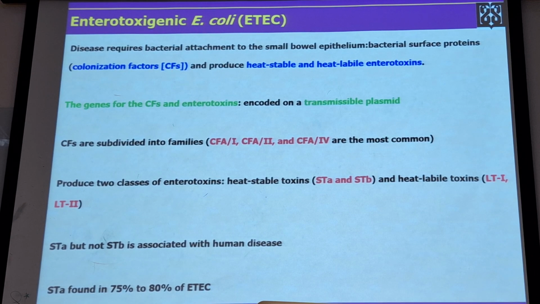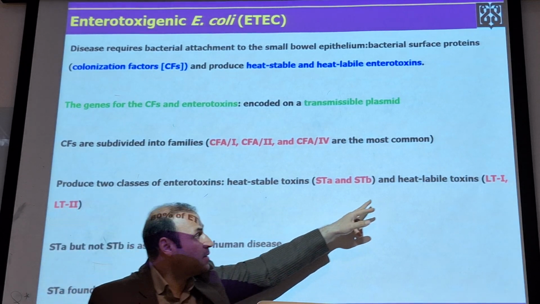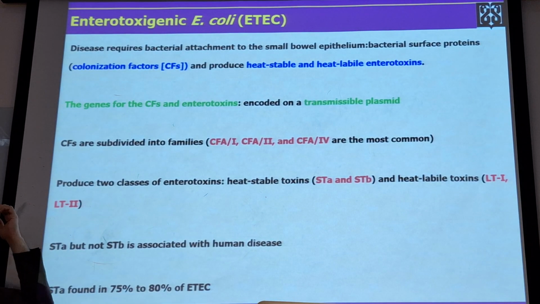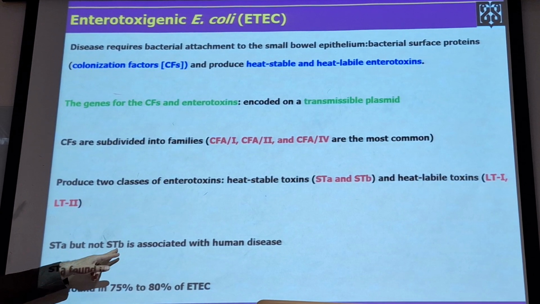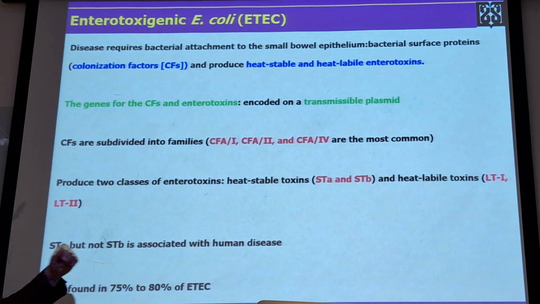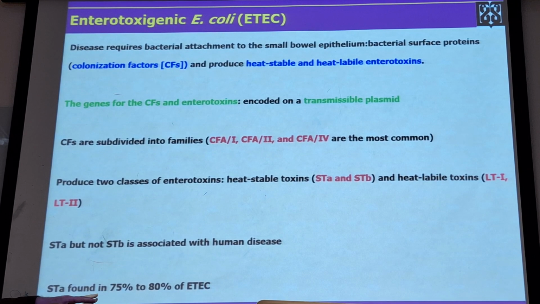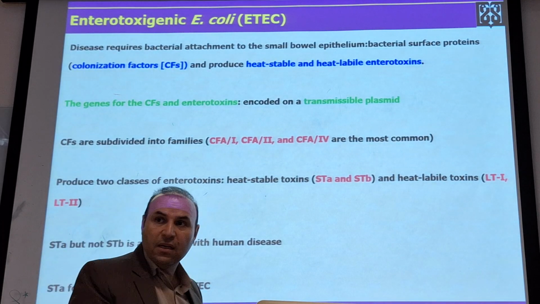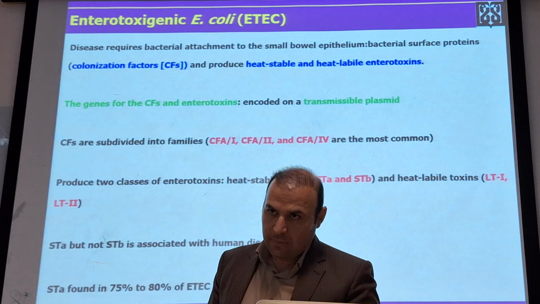Heat-stable is resistant to heat, while heat-labile is susceptible or sensitive to heat. STa, but not STb, is related to human disease and is observed in 75% to 80% of cases.